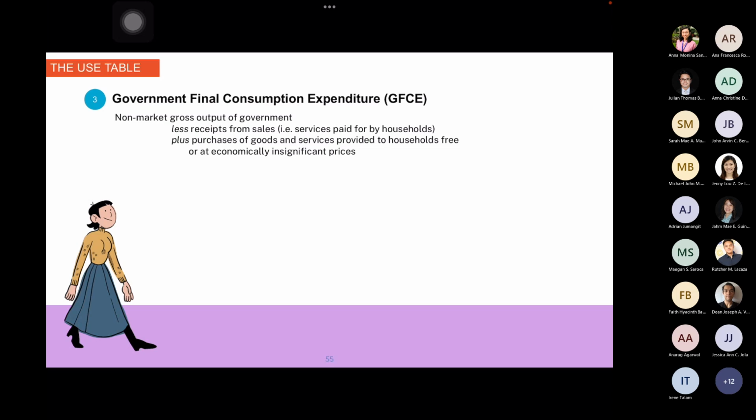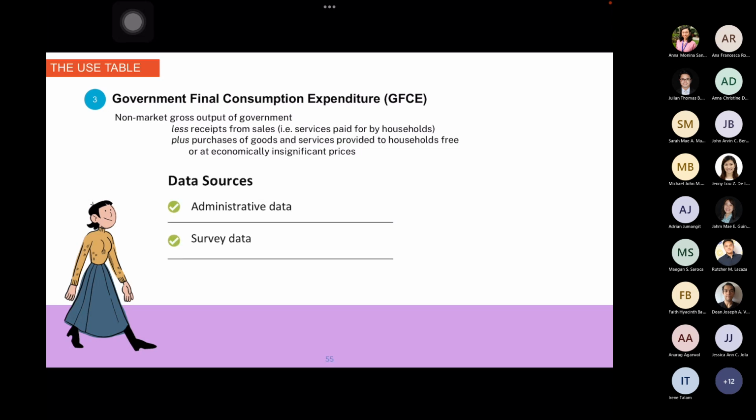So it consists of the non-market gross output of government, less the receipts from sales, plus the purchases of goods and services provided to households for free or at low prices.